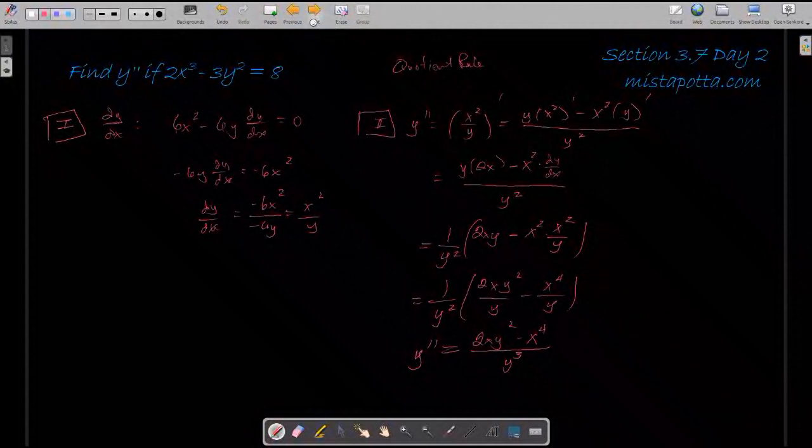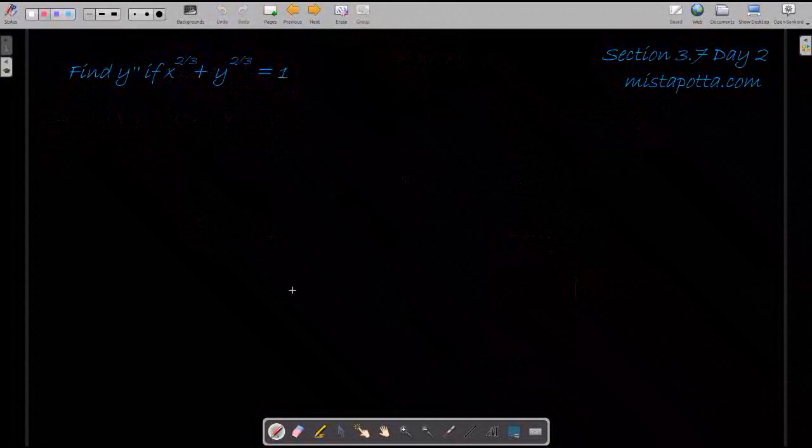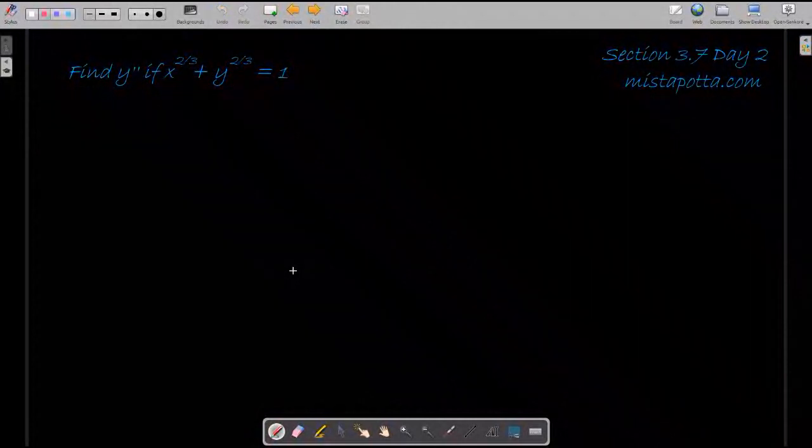So our next example, I want to find y double prime if x to the 2/3 power plus y to the 2/3 power equals 1. My first step is to take the derivative of each of these terms.